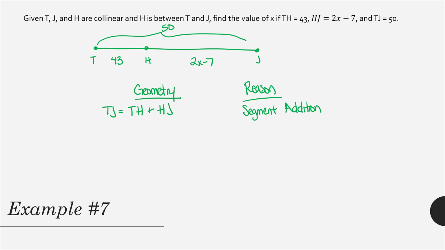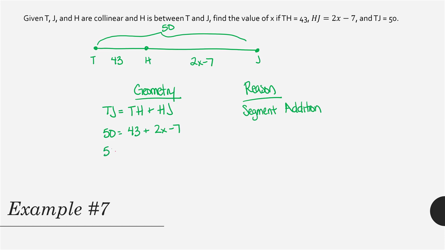Now that I have my geometry written out, I can go plug the algebra in. So TJ is 50, TH is 43, and HJ is 2x minus 7. Now we're just in algebra. We're just solving for x.